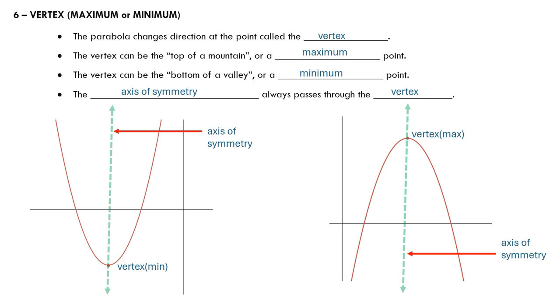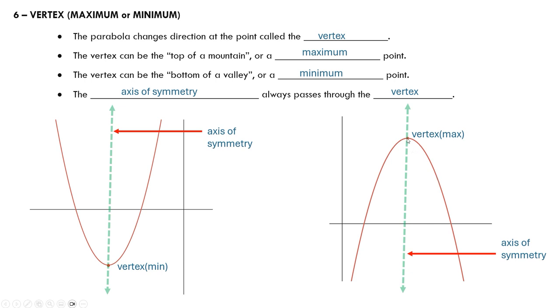As said before, the parabola changes direction at this point called the vertex. So here we have the parabola going down, and then when we reach the vertex, it changes direction and goes up. In this case, we have a downward facing parabola. It goes up until it reaches the vertex, and then it changes direction and comes back down.